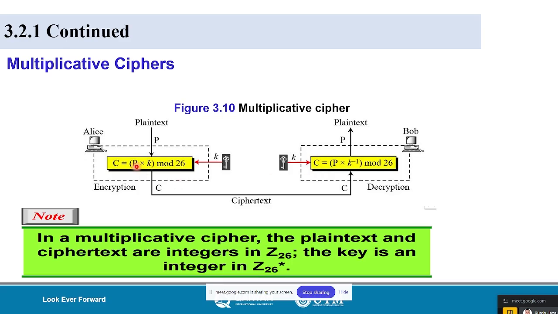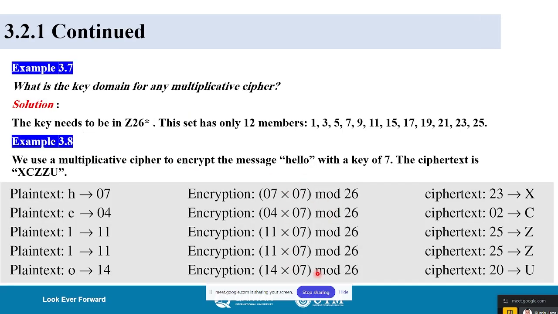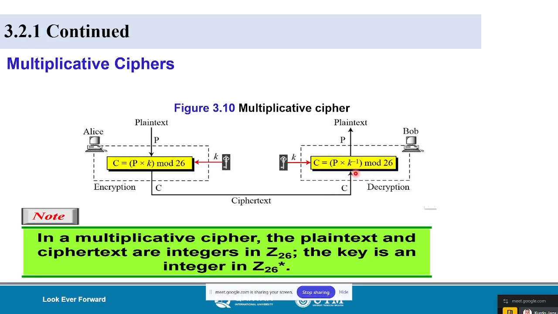Because we say that P multiplied by K. This is the position of these. Okay, if we multiply this and we mod 26, we get the 23. We will not again explain what is the mod and how we will do it, because we explained it a lot. Now we've got this. However, how about the decryption part?